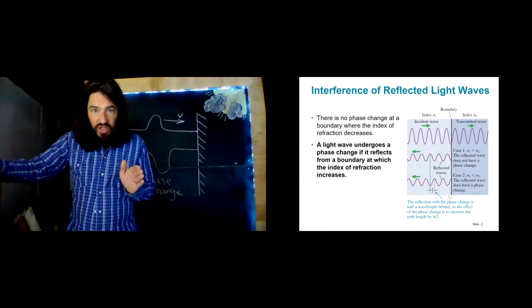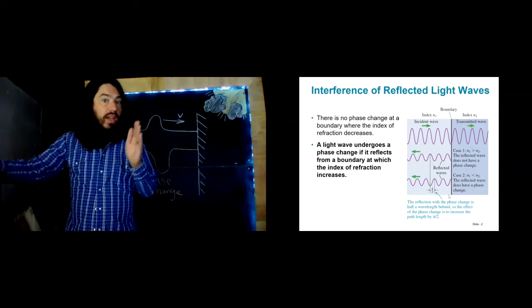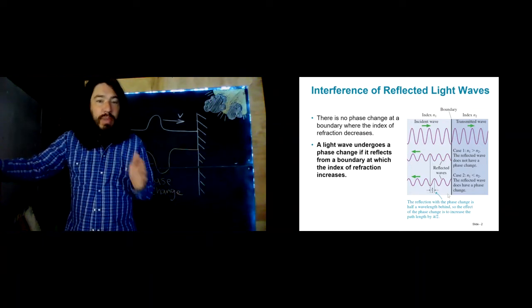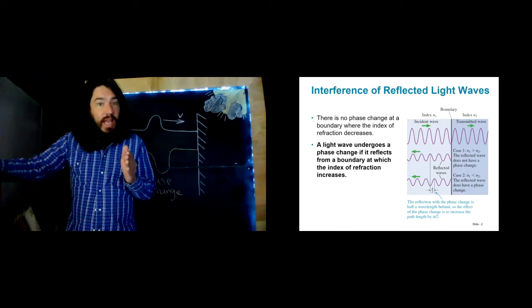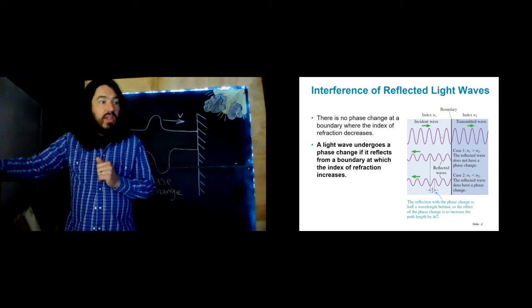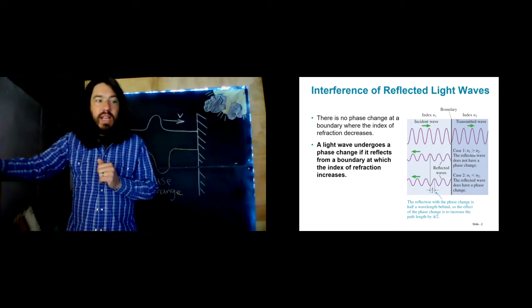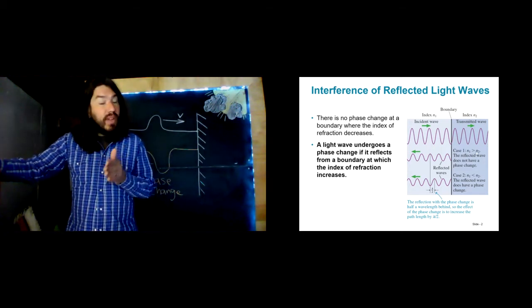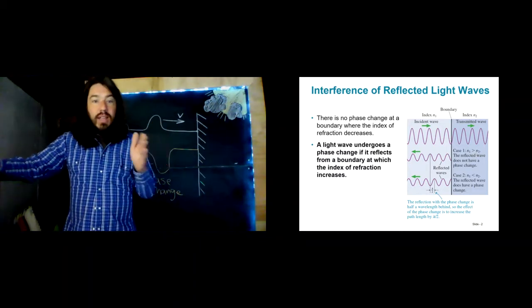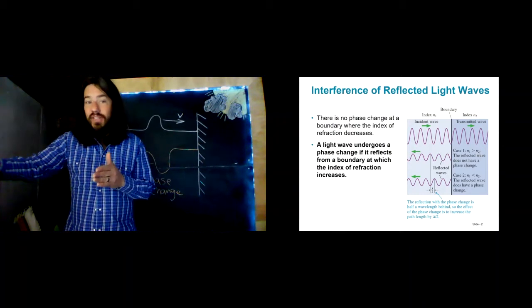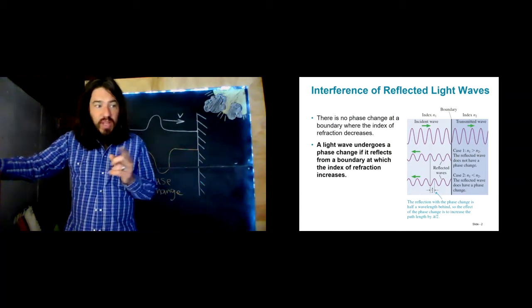Now, when do you get a phase change if we're talking about light waves? We get a phase change when the light is bouncing off of a boundary where you are going low N to high N. So notice here is N1, here is N2. If N1 is greater than N2, we're reflecting off of a boundary from high N to low N, and you do not have a phase change.